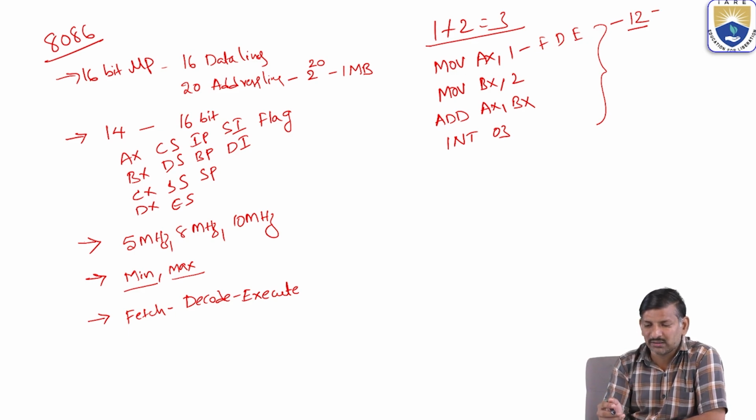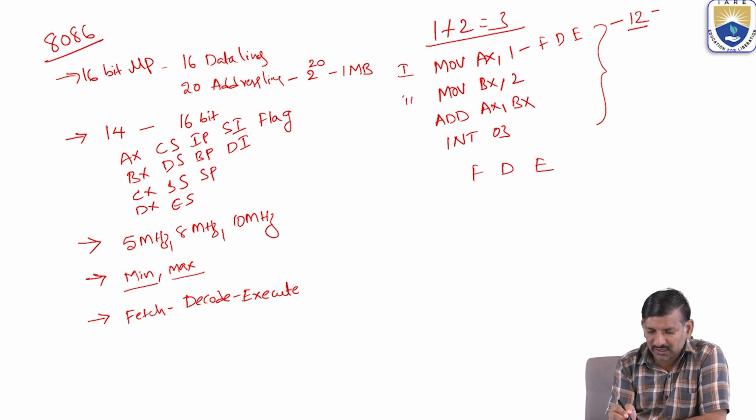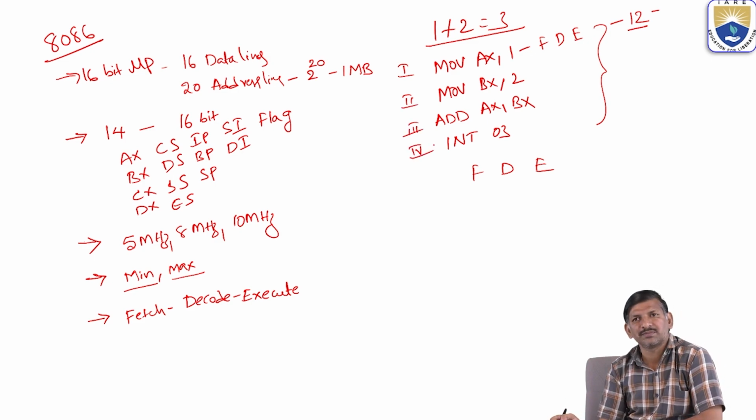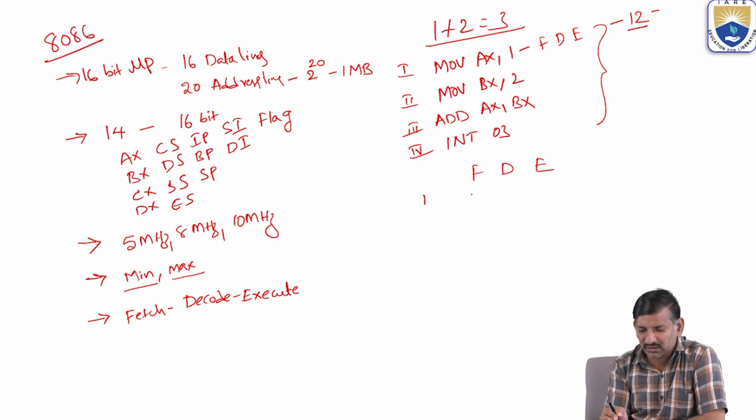So with pipelining, first fetch, decode, execute. This is the first instruction, second instruction, third instruction, fourth instruction. In the first clock cycle, I am fetching the first instruction. In the second clock cycle, I am decoding the first instruction, at the same time fetching the second instruction.